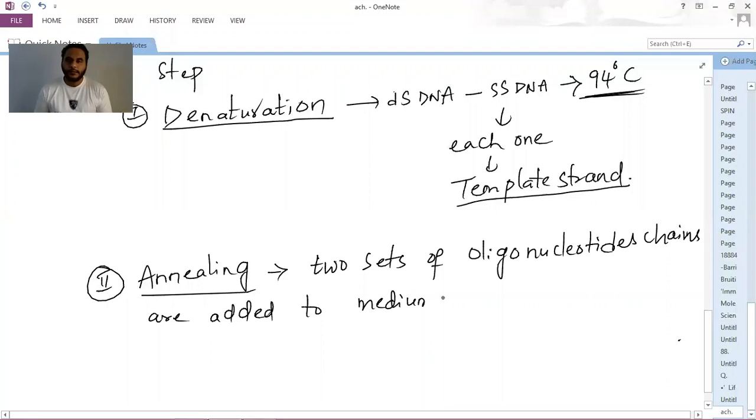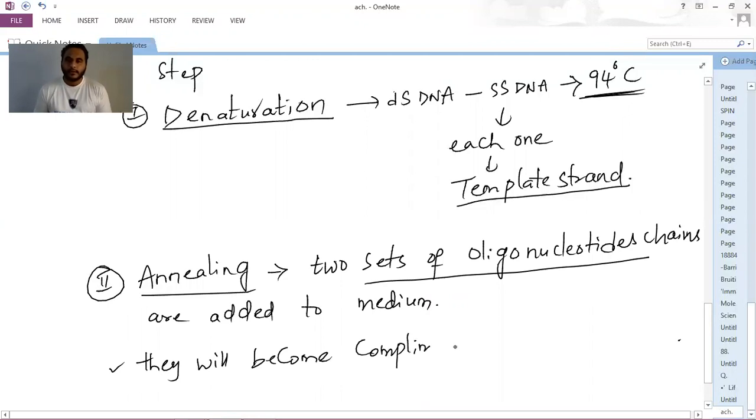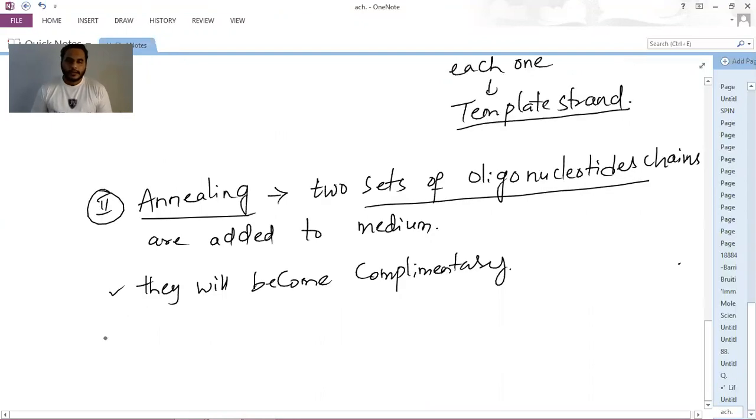So they will become complementary, and the base pairs will be complementary, and thereby they will form double-stranded DNA. This should be done at the temperature of 50 degrees Celsius.